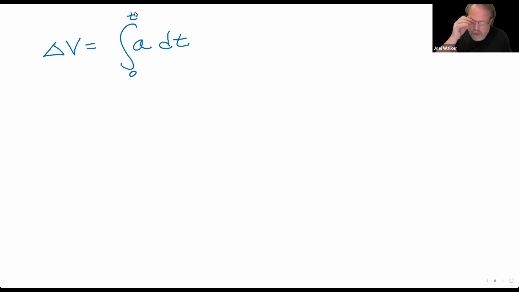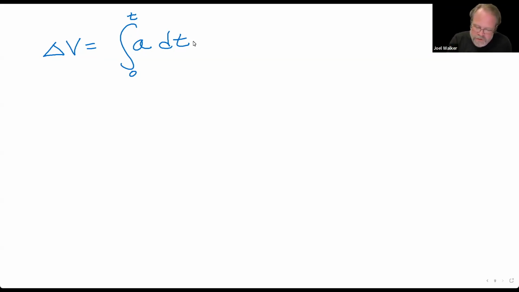In fact, we saw an example of that before in the context of position, velocity, acceleration. We saw that change in velocity is the area under the acceleration versus time graph from time 0 to final time. In other words, change in velocity is the integration of the height function acceleration times steps in time.